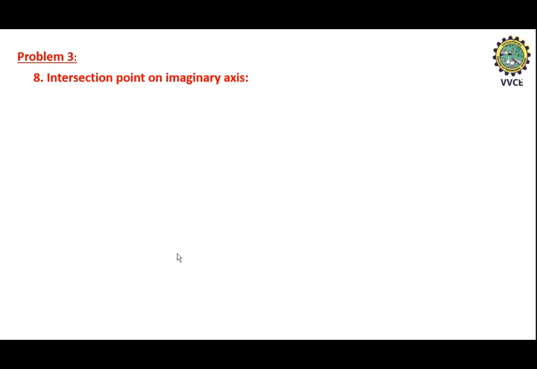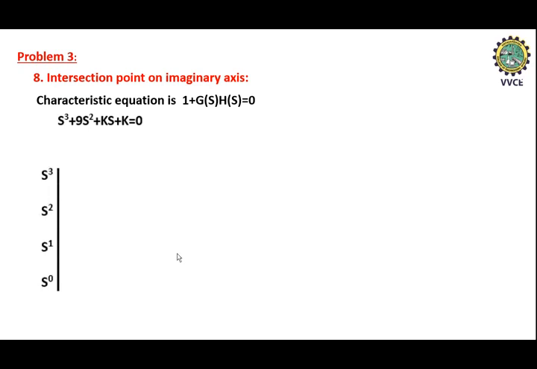Next, let us find out the intersection point on the imaginary axis. The characteristic equation is already given in the problem. Consider the Routh array starting from s cube to s power 0. Substitute all the coefficients of the characteristic equation: 1, 9, k, k. Find out the next element, 9 into k, 9k minus k, that gives 8k divided by 9.